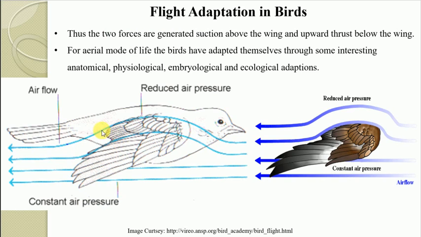This difference in the travel of air over the upper and lower surfaces causes the upward thrust. The air which passes below the wing gives the upward thrust, or lift, to the body of the bird. So they lift the wings upward and allow the bird to move in various directions.